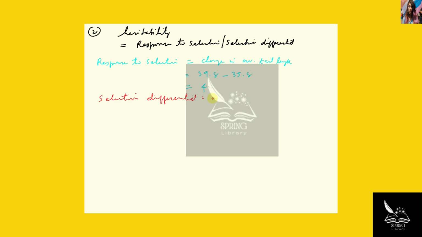Selection differential is equal to the average tail length of the breeding males minus the average tail length of the entire population.